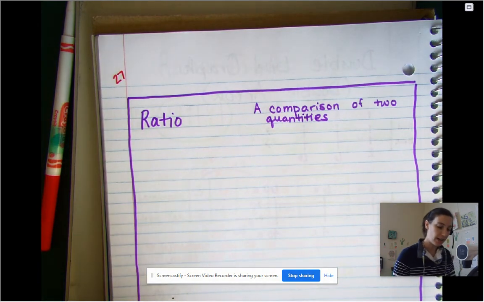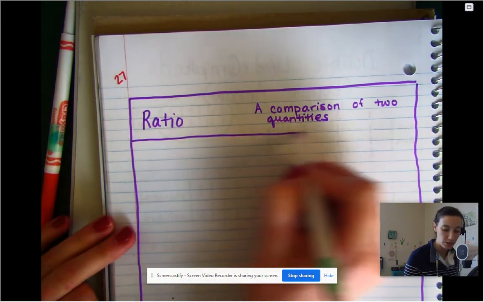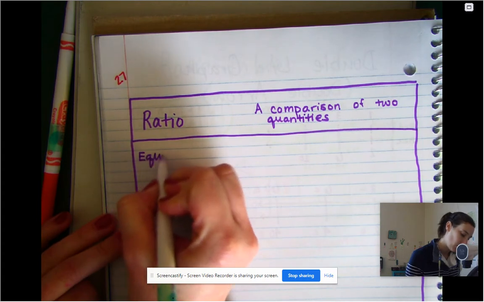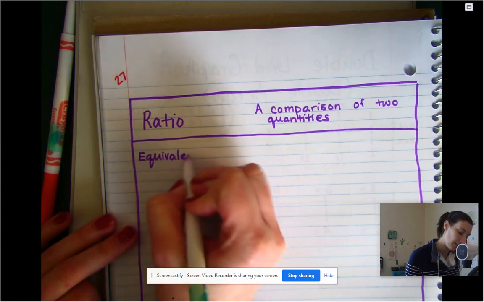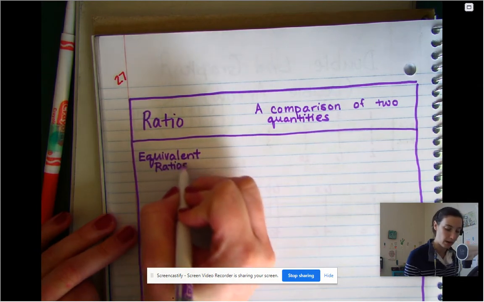We have also talked about equivalent ratios, which are ratios that have the same relationship between quantities.